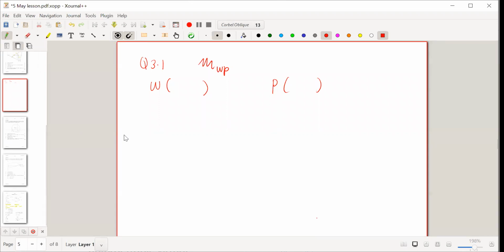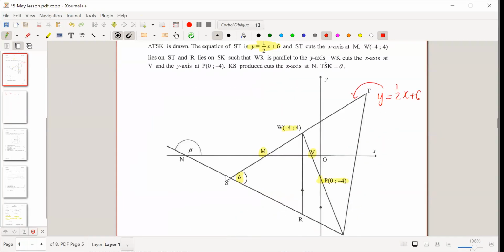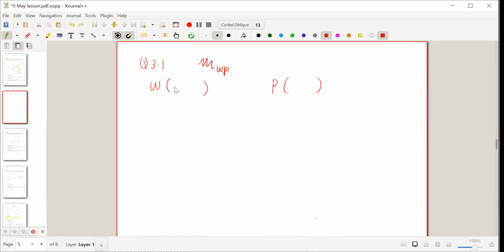Okay, so we're going to verify what the gradient is. This should be a very easy question to answer. We've got the coordinates -4 and 4 and 0 and -4. We know that the gradient of WP is equal to y2 minus y1 divided by x2 minus x1.